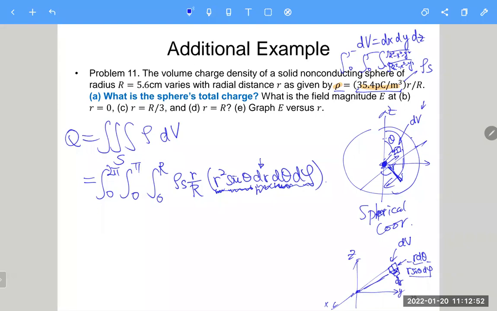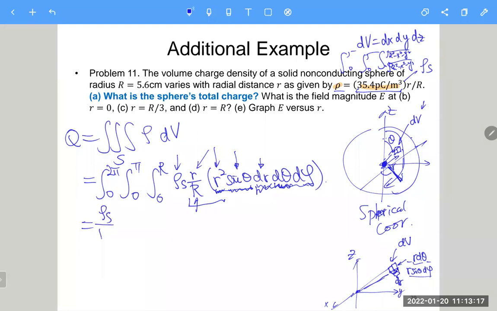After you write it out, this integration, although it looks complicated, is actually very simple. We just need to separate the terms, because this is a constant, this is also a constant, and this is only related to r, and this is only related to theta. So we can just separate them.